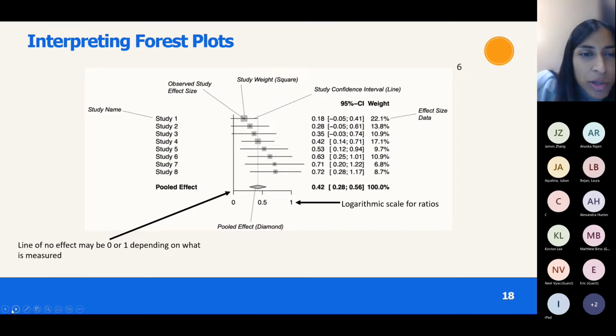And with a forest plot, you can see the skew towards the right is what correlates with a larger effect size, and the study weight is indicated by the size of the square, so how much that could be attributable to how large a sample size was, things like that. And then this diamond summarizes the pooled overall averaged effect of all the studies.